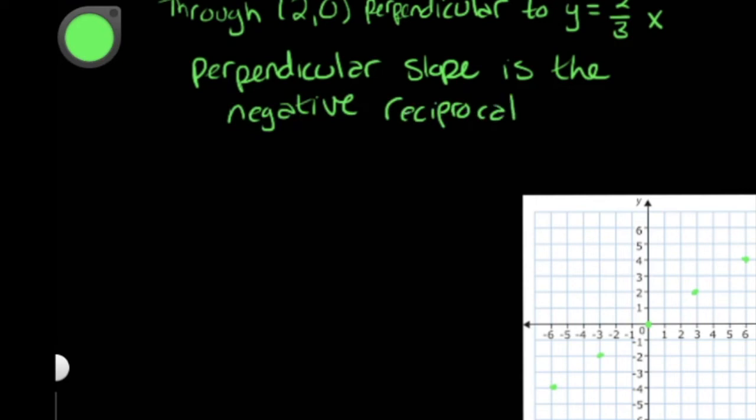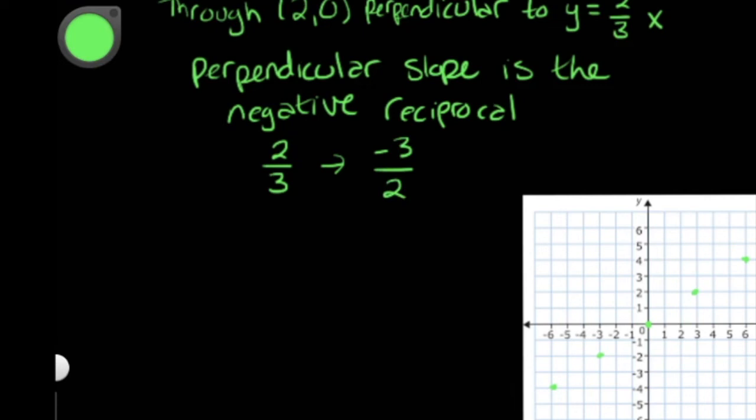Negative reciprocal means it's going to be flipped with the opposite sign. So if we have a slope of 2 over 3, the negative reciprocal is negative 3 over 2. I've flipped my fraction to make it 3 over 2, and I've changed the sign, so it makes it negative 3 over 2.